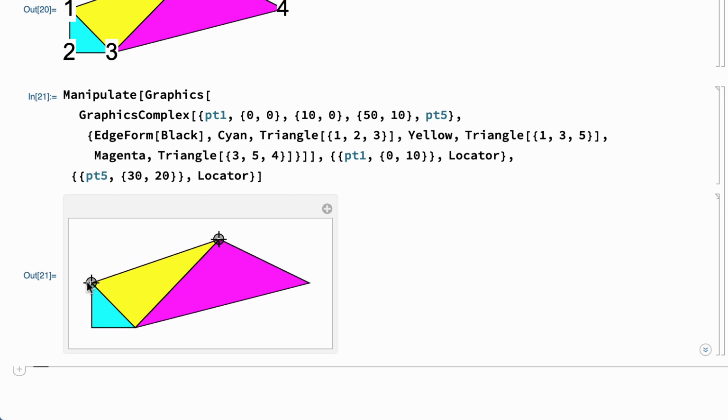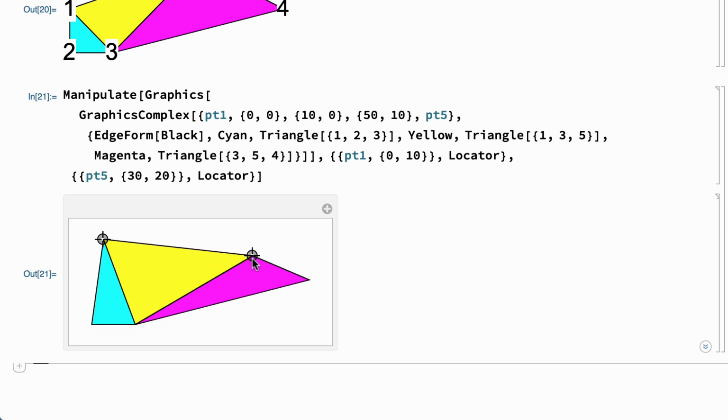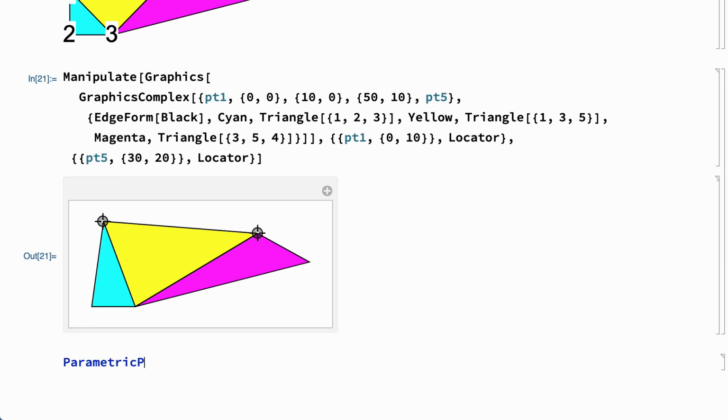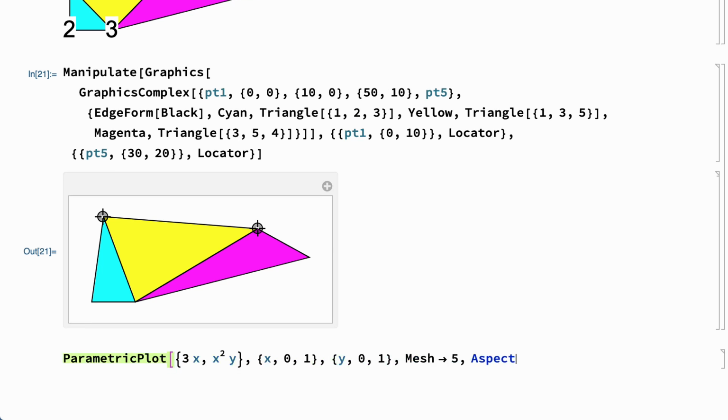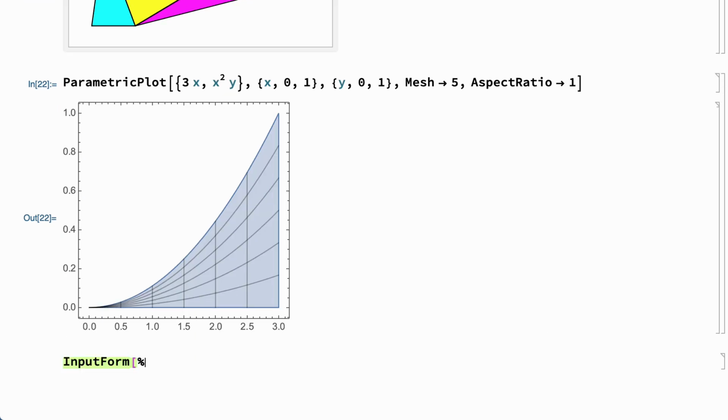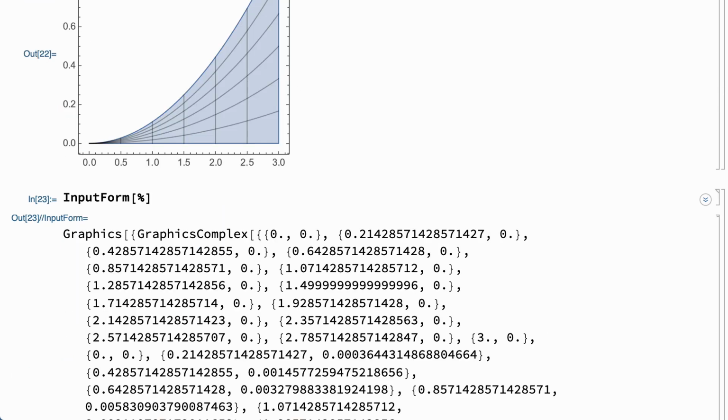GraphicsComplex in this example provides a natural structure that reflects the sharing of vertices between adjacent triangles in the image. GraphicsComplex and MeshRegion come up in many applications involving adjacent polygons or adjacent regions or other geometric elements that share coordinates. For example, this uses ParametricPlot to generate a plot, and InputForm shows that the plot is the displayed form of a graphics expression based on GraphicsComplex.